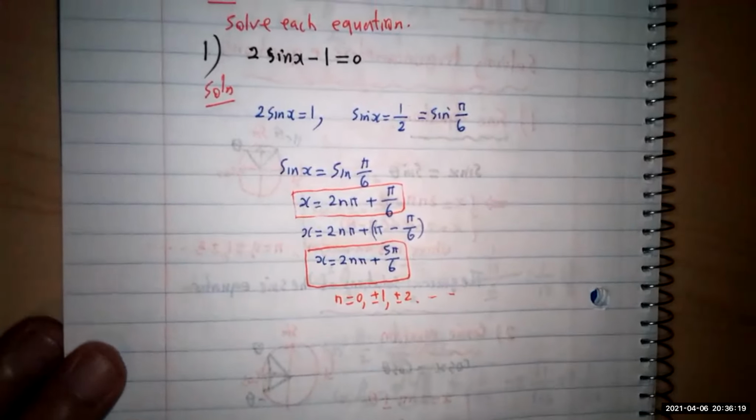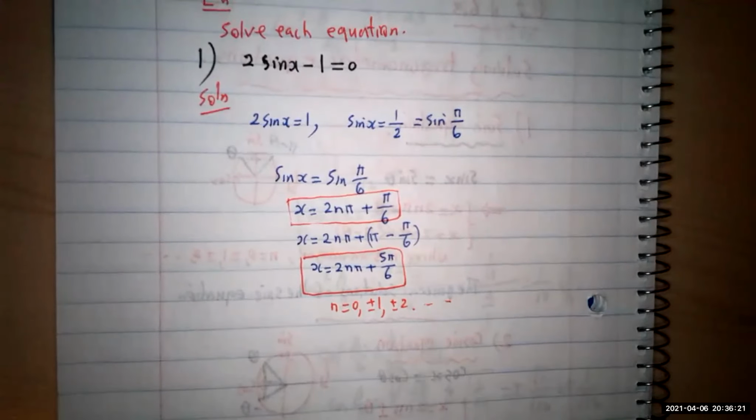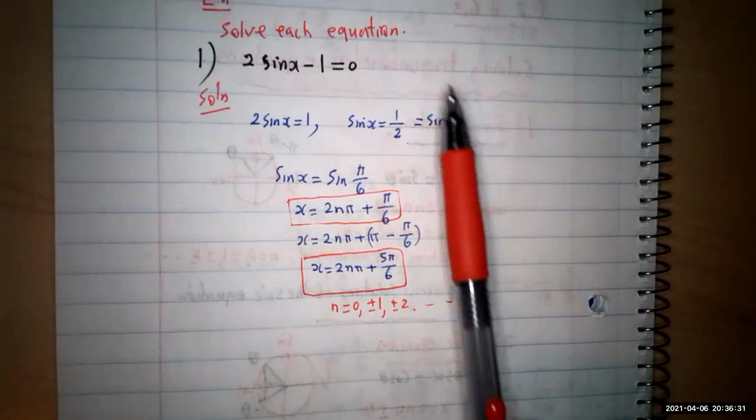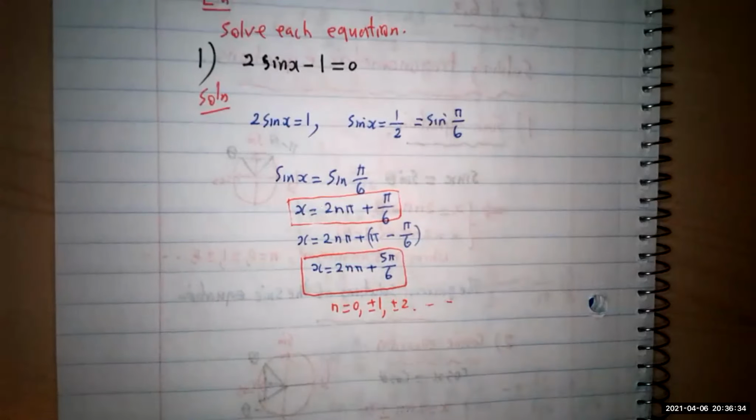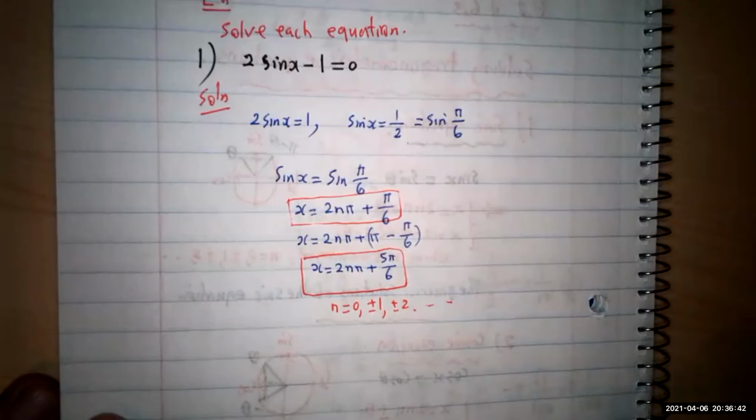So these are going to be the general solution of your equation, and since nothing else is given to you, no other information is given, we are going to give the general solution of your equation. Okay, any question? Ready for another one? So let's have another one.